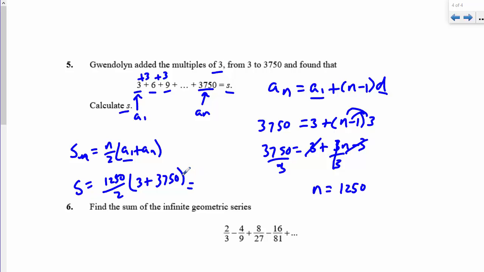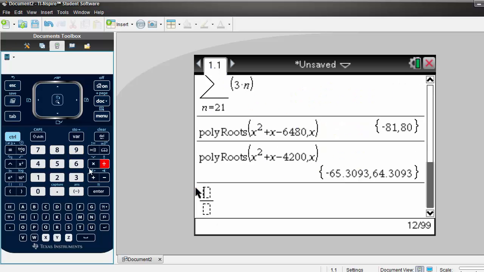It's some terrible number, so let me use the calculator once more. I'm going to set up a fraction: 1,250 over 2 times (3 plus 3,750).